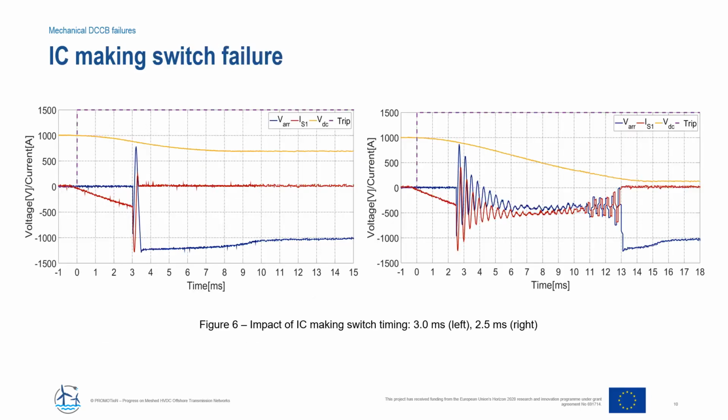This slide shows another experiment, the one that demonstrates the importance of firing the injection circuit at precisely the right time. The figure on the left shows the voltage and current waveforms across the vacuum interrupter during a successful interruption, where the injection circuit is fired precisely at 3 milliseconds. The figure on the right shows a repeated experiment in which the injection circuit is connected half a millisecond later.